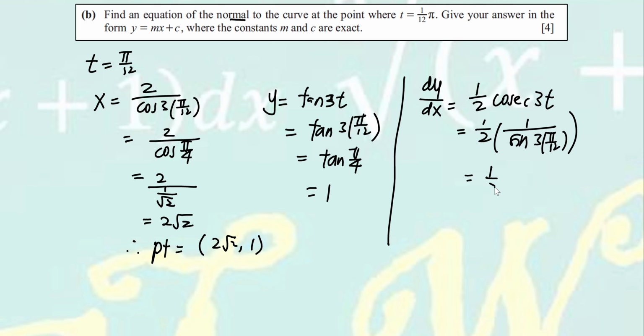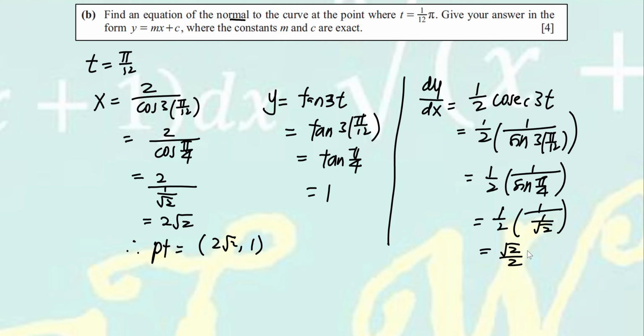So this becomes half times 1 over sine pi over 4. Then I will be getting 1 over 2 times 1 over root 2, which is root 2 over 2.